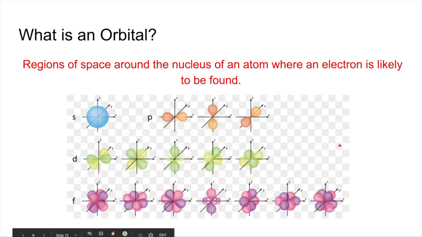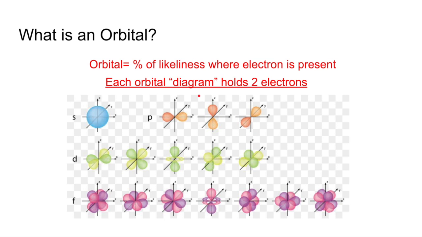The bubbles that you see in each diagram, that's the likeliness of where each electron is present. So essentially, orbitals are the percentage of likeliness where electrons are present. Each orbital, so each diagram, holds 2 electrons. So S only has 1 orbital, which means in the S subshell, there's only 2 electrons.